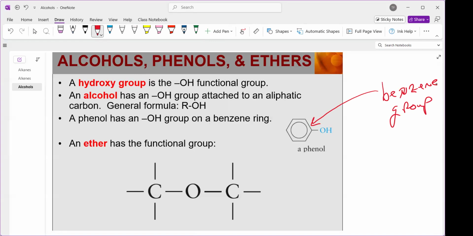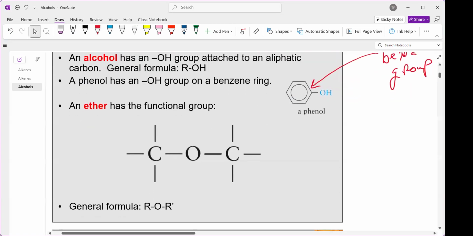Now, what makes phenol different than the other alcohols? It's a weak acid. I'm going to get to that in a little while, but that's what makes it very, very different than a normal alcohol.